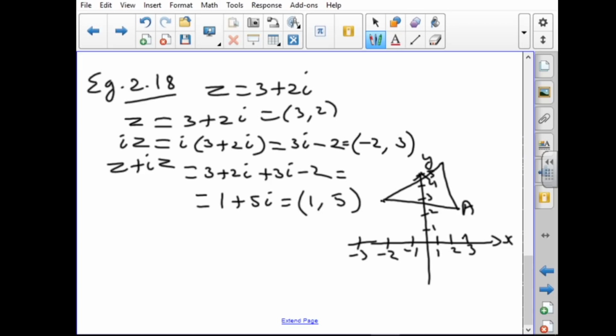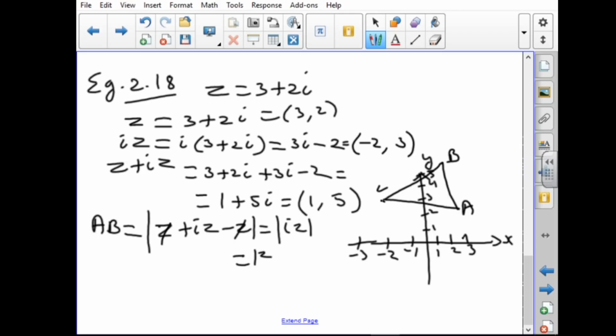If you take this as A, this as B and this as C, we have to find now the distance between them. So, we will find AB. AB is modulus of (z plus iz minus z). Here minus z gets cancelled, so modulus of iz, and we know that modulus of i is 1, so it gives modulus of z.